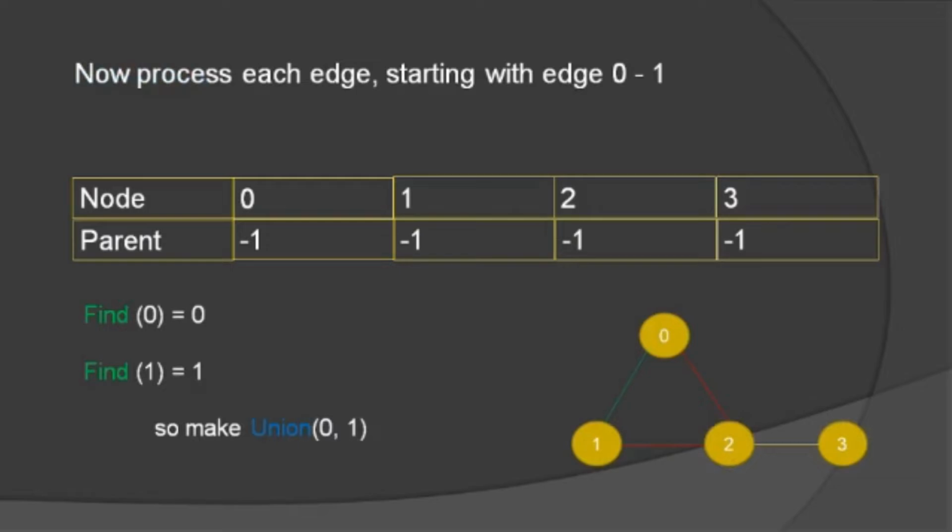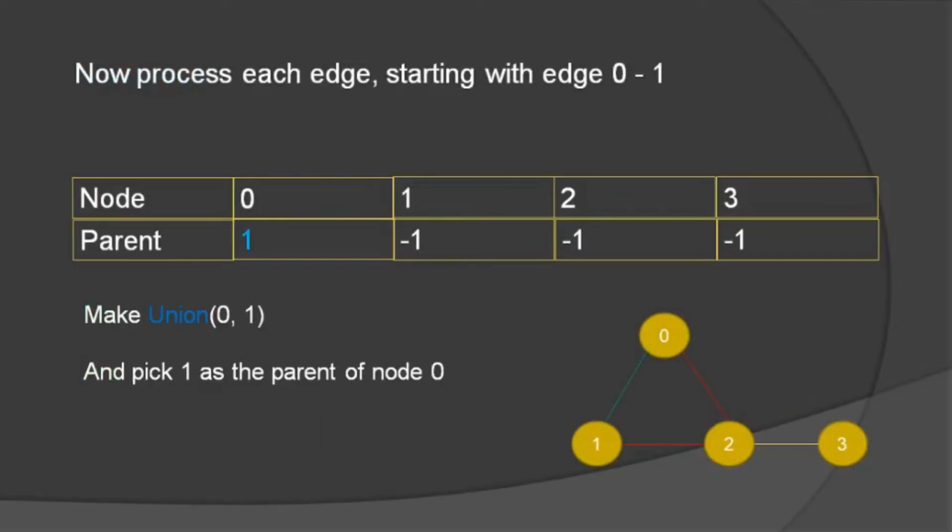And because the find values are not equal, we're going to make a union of 0 and 1 and put the two in one set. This shows as the green line in the graph on the screen. So let's proceed to the next edge. As we make the union, we have to assign a value to the parent of the node. In this case, we'll put 1 as the parent of the node.